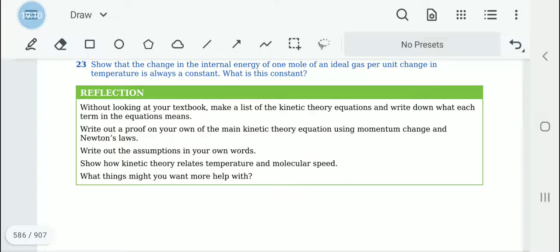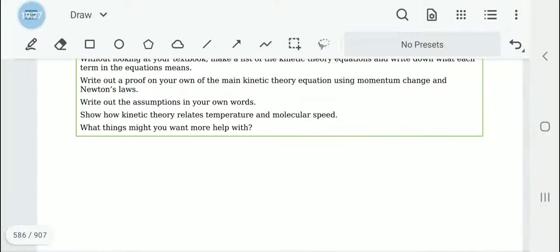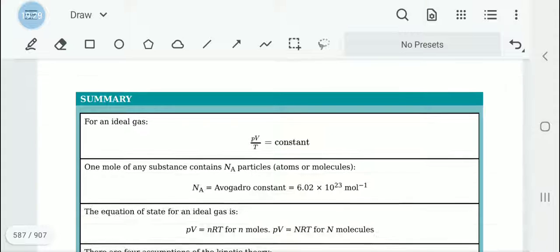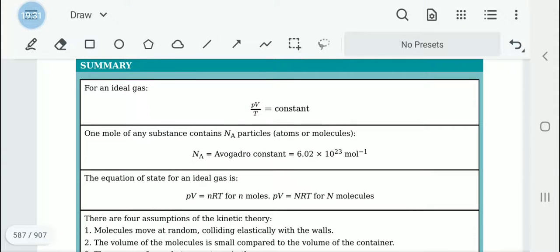Then you have to write your own proof of the main kinetic theory equation using the momentum change and Newton's laws. Whatever they have given here in this reflection part, you will have to do. When you do that, you will be able to answer all of the questions without any problem.